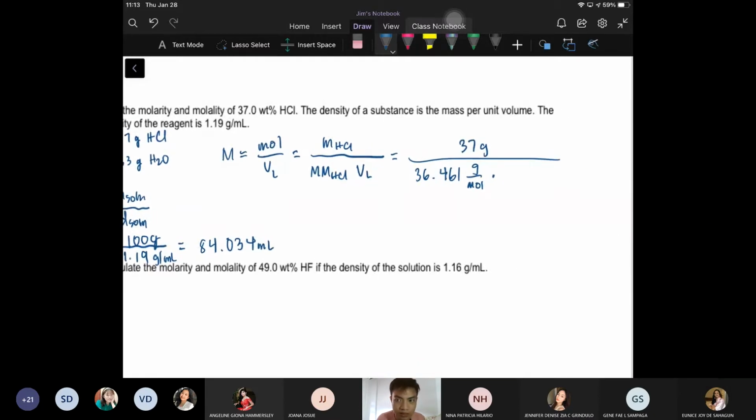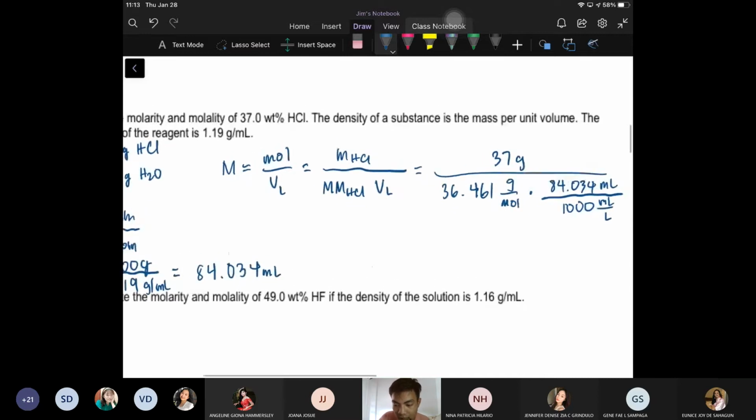So, kapag kinonvert pa kasi natin to, baka mag-round off pa ulit tayo, no? So, ang gagawin ko na lang, isusulat ko na lang yung ml. Kasi kapag too much round off, sobra-sobra na, susulat ko yung ml, dito ko na lang siya i-divide by 1,000 ml per liter. Okay? Para yung calculator na bahala, no?